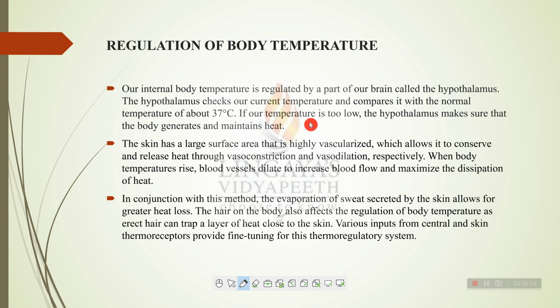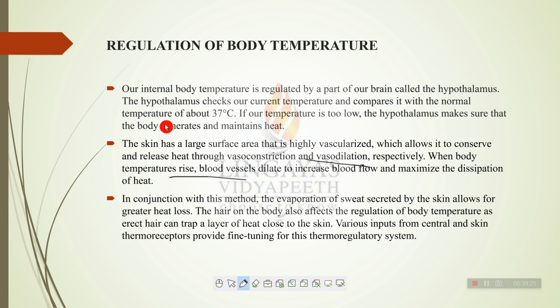So skin has the largest surface area, which is highly vascularized. Skin plays a role in conserving and releasing heat through the processes of vasoconstriction and vasodilatation. When body temperature rises, the blood vessels present in the skin dilate to increase blood flow, and the dissipation of heat is maximized.